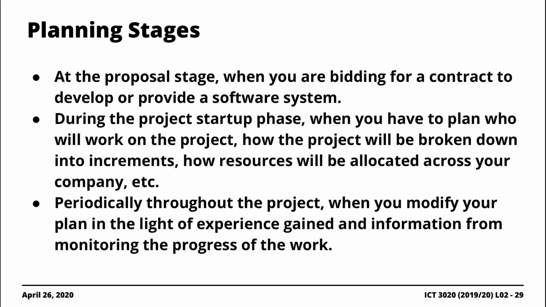You could think of this bidding process to be somewhat related to the process you went through when your respective project teams were selecting which topics they wanted to work on, right? So it was like a bidding process, although a rather informal one. And so part of the bidding process is you're trying to justify why you should be awarded the contract to develop the software platform or system.